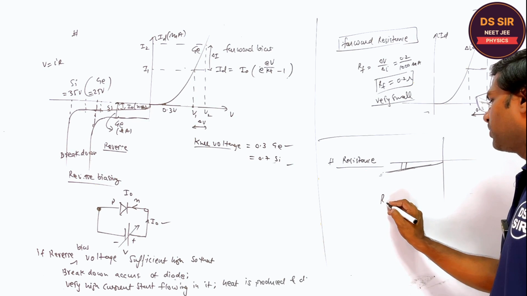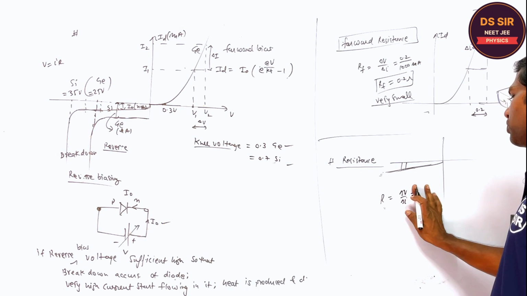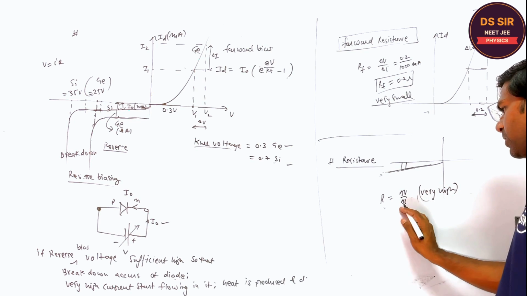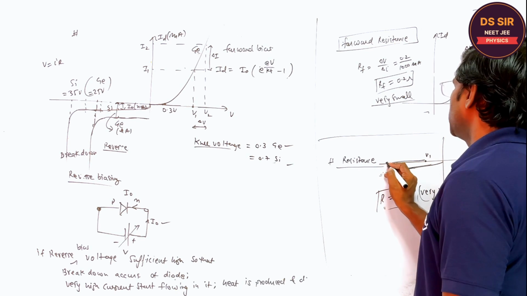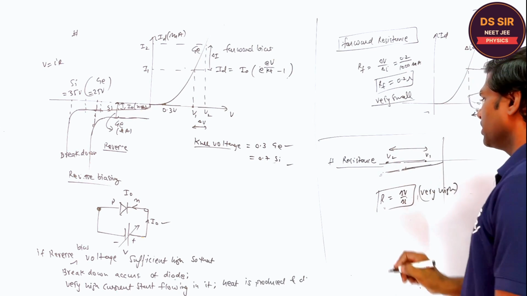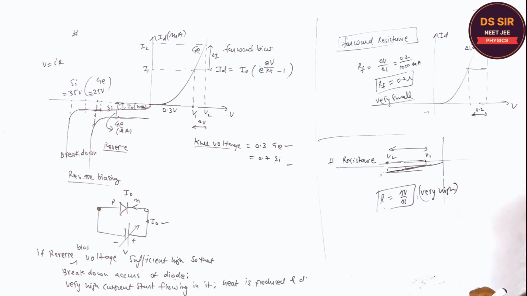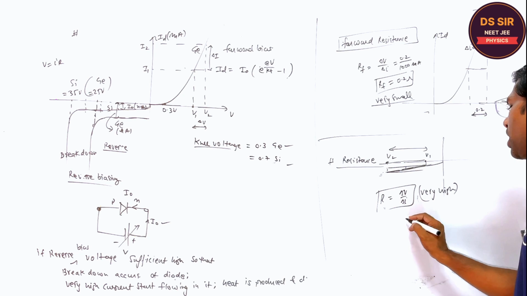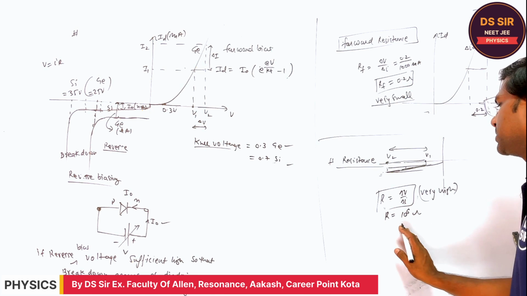The reverse bias resistance is equal to delta V upon delta I, and it is very high. I am not giving the magnitude, just the voltage. Suppose this is V1 and this is V2. The voltage change is very high, but the change in current is very small. So it is approximately a very high resistance, in mega ohm, in the reverse bias.